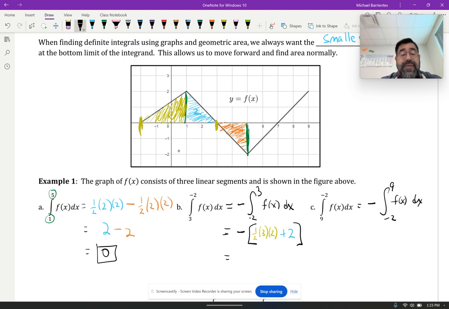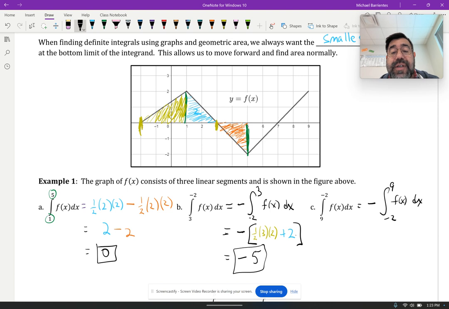So this first triangle, I think, is going to give me 3 plus 2, which gives me 5. But it's opposite because I'm going backwards. The original integral was going backwards. I was starting at 3 and going backwards to -2. So therefore, my answer is going to be the opposite of what I would have gotten if I started at -2 and went forwards to 3. So my answer is -5.